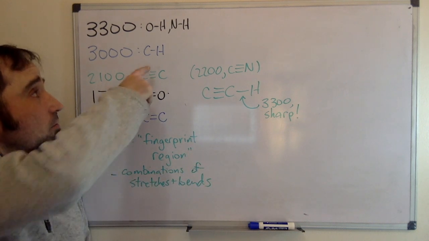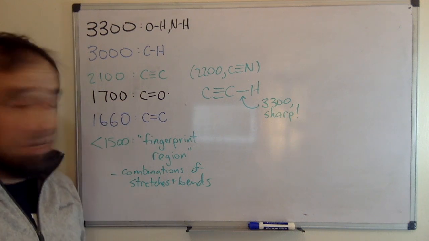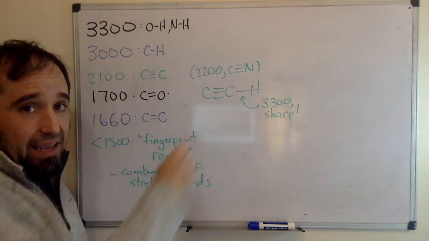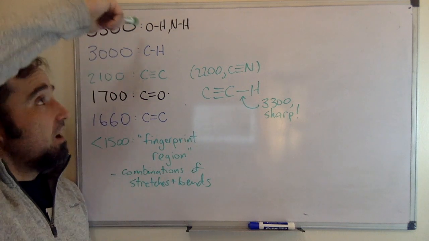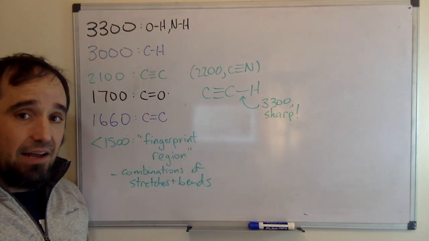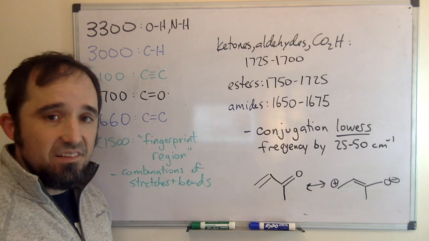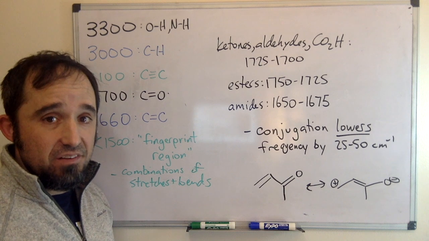Again, it's a higher wave number because it's a stronger bond. Remember, sp carbon makes a stronger bond to H because it's got greater s character. So if we see a sharp peak out among where we expect broad peaks, that sharp peak is going to be an alkyne CH.